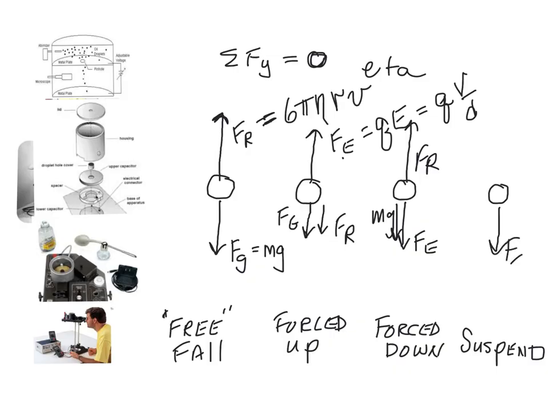We have the mg, or the force of gravity, down, and we have the electric force going up, and they're equal and opposite. And it's this situation that we will use to try and derive an equation that allows us to calculate the charge on the drop.